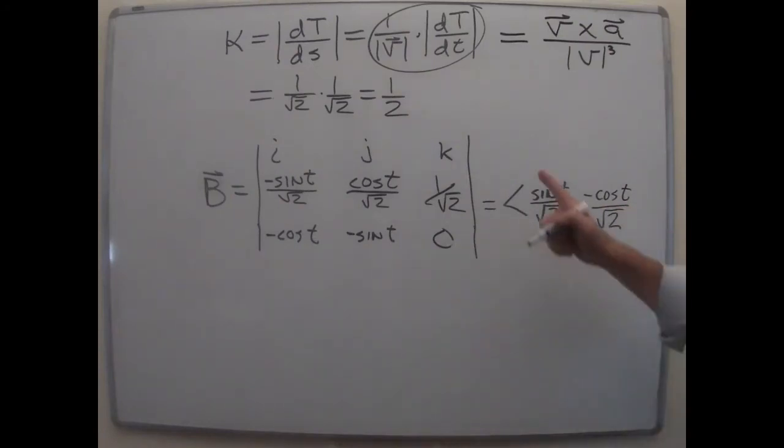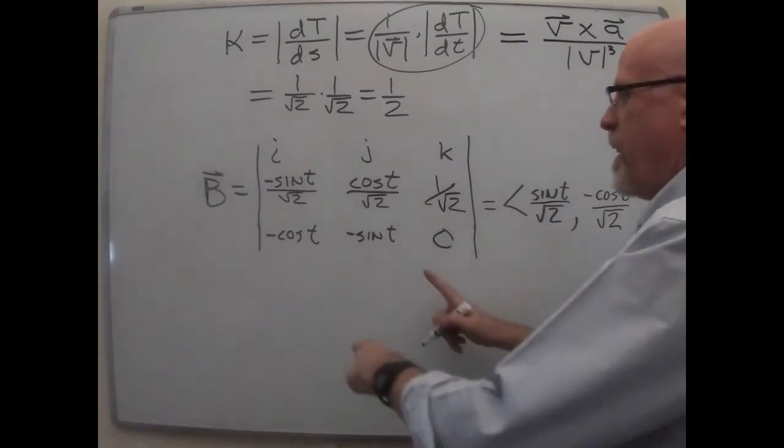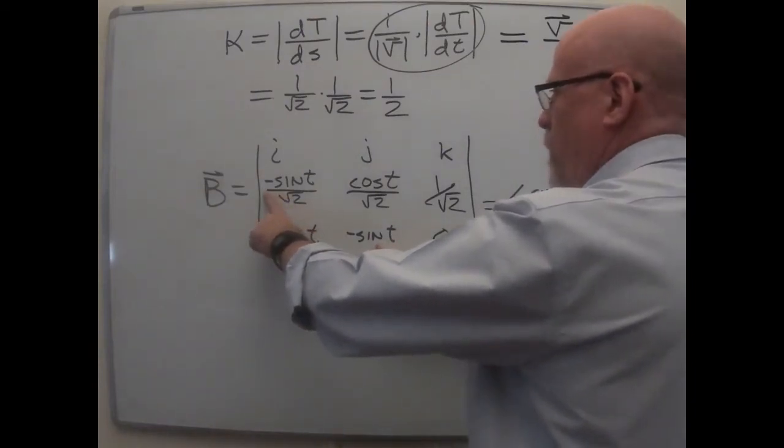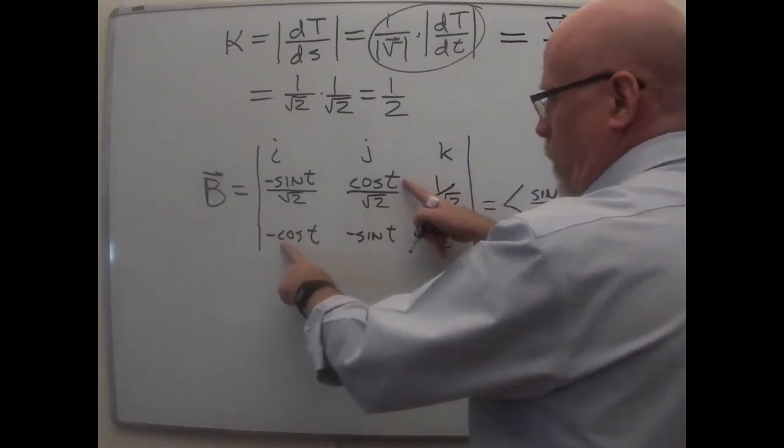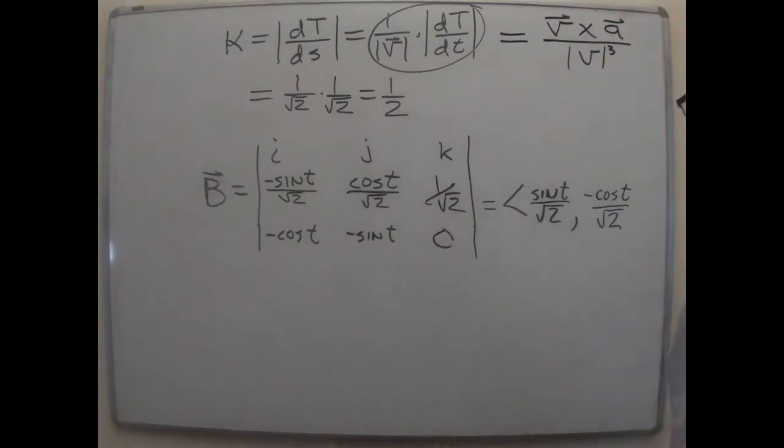What about the k? Well, it's going to be sine squared over root 2 minus negative, so plus cosine squared over root 2. Its length is 1 over root 2. If you don't quite believe me, just actually write it all out. Factor out the bits you can, and you'll see that it's 1 over root 2 times cos squared plus sine squared. And there isn't room for the ending bracket here, but imagine it just goes off the board here. So there's our B.